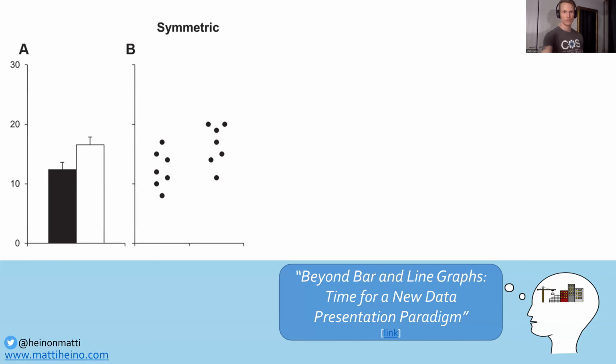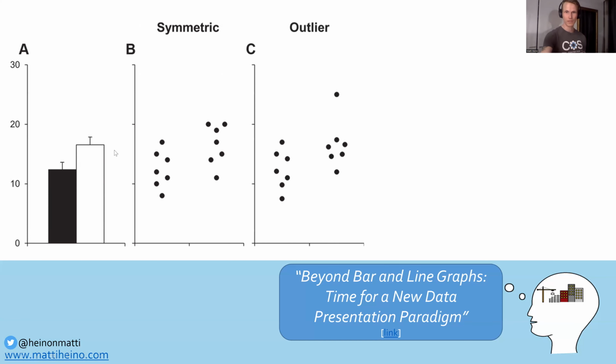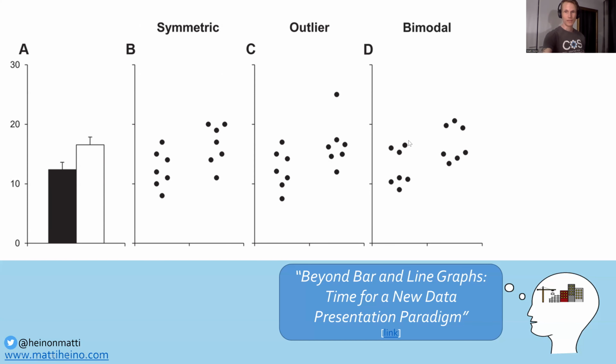But the data, you have two conditions, and the one is a bit higher than the other. But what could lie behind this data is something like this. So you have an extreme observation over here, but otherwise these are pretty similar. You could also have a case where the data is bimodal.